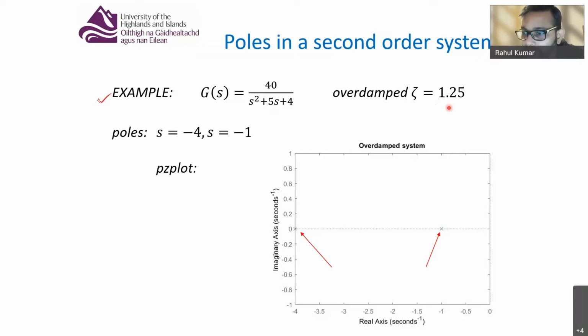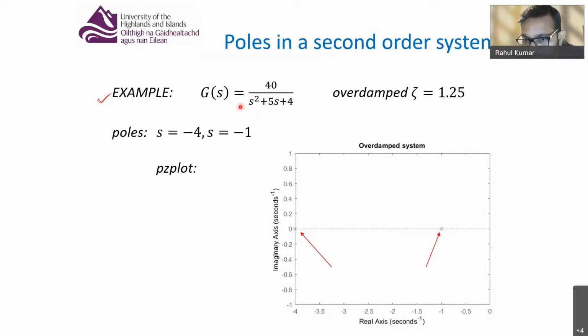That means it is greater than 1, so my system will be overdamped. Again, by using the formula minus b plus minus square root of b square minus 4ac divided by 2a, I have found the values of poles for my second order system.